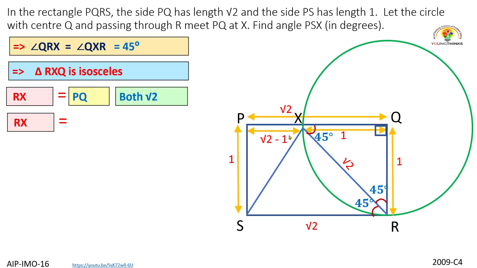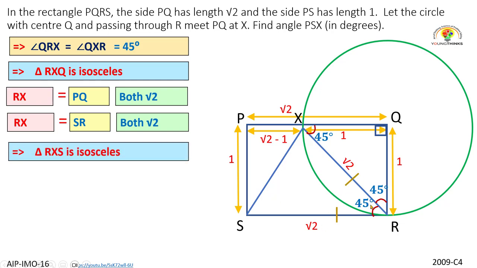Yeah, that RX is going to be equal to SR. We have calculated the SR to be root 2 originally, and this RX is also root 2. So that makes it an isosceles triangle. These two sides are equal.